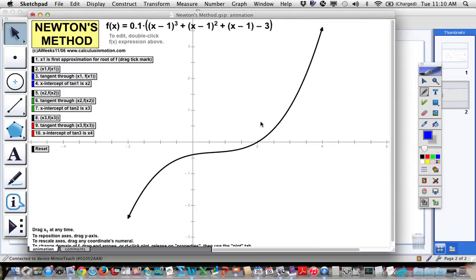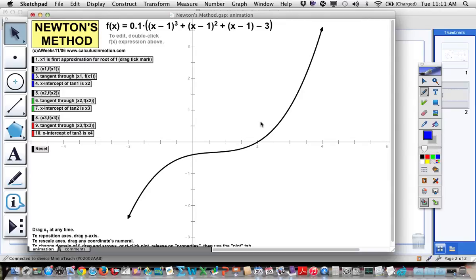So now I've got to put my 1.5 into the function and see where that hits the curve. And then I'm going to do the slope. So I'm going to plug my 1.5 into the slope equation. And I got that. And then I'm going to write my equation of my line. And then I'm going to set that equal to 0. And I got 1.41666. And now I'm going to repeat. So I'm going to plug that into the function.